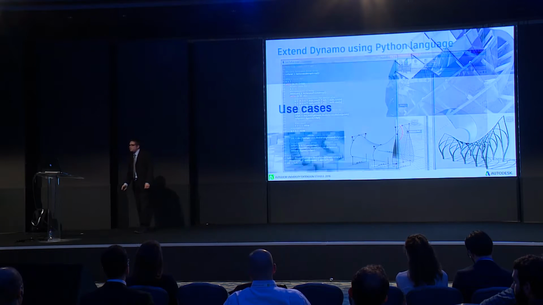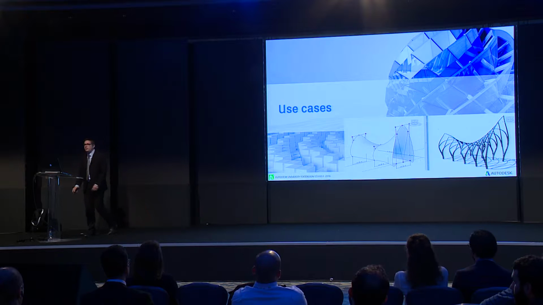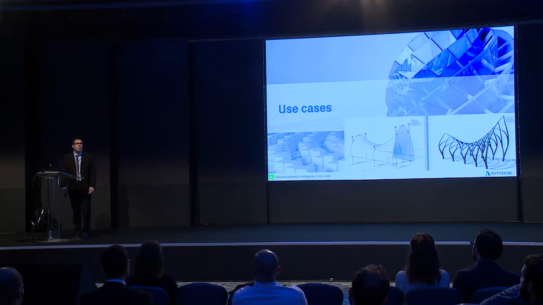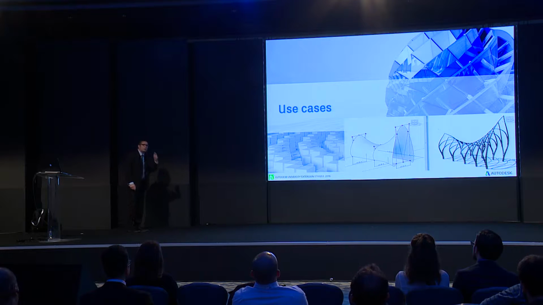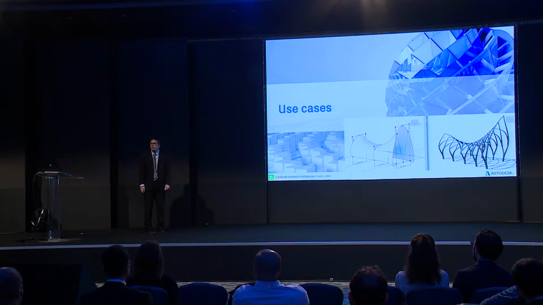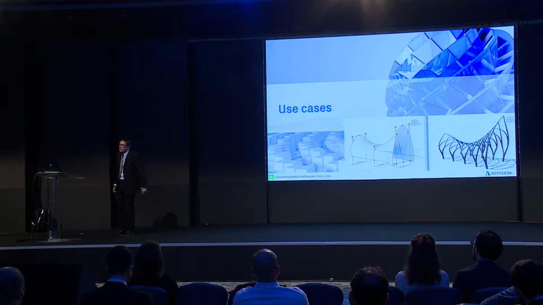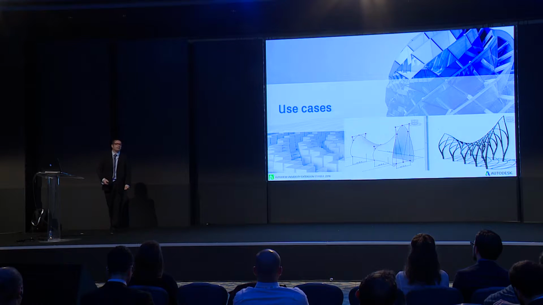Next step, use cases. Okay, the main problem or issue in Dynamo is to have a good idea. Because when you don't know the software, Dynamo or other software, you can't imagine what you can do with it.